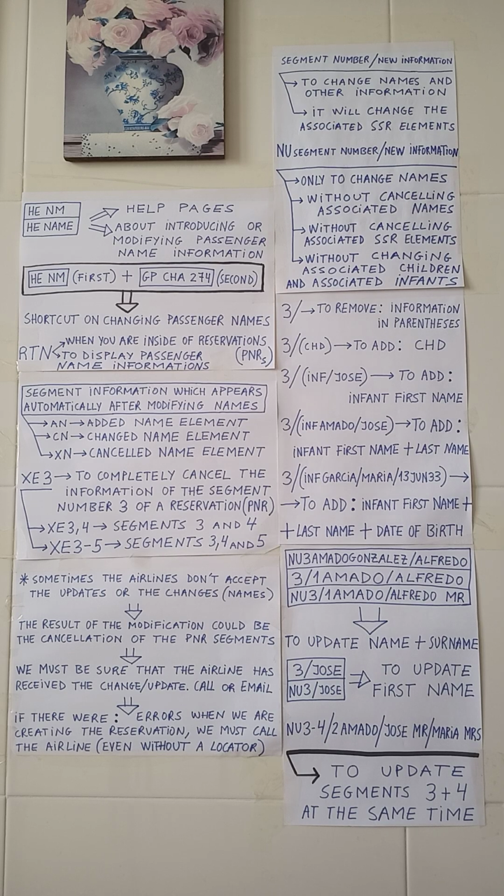Generally, the number 1, this number 1, is added before the last name when there are several passengers with the same last name in the same reservation. The number 1 indicates that we are only modifying one passenger with the last name Amado.